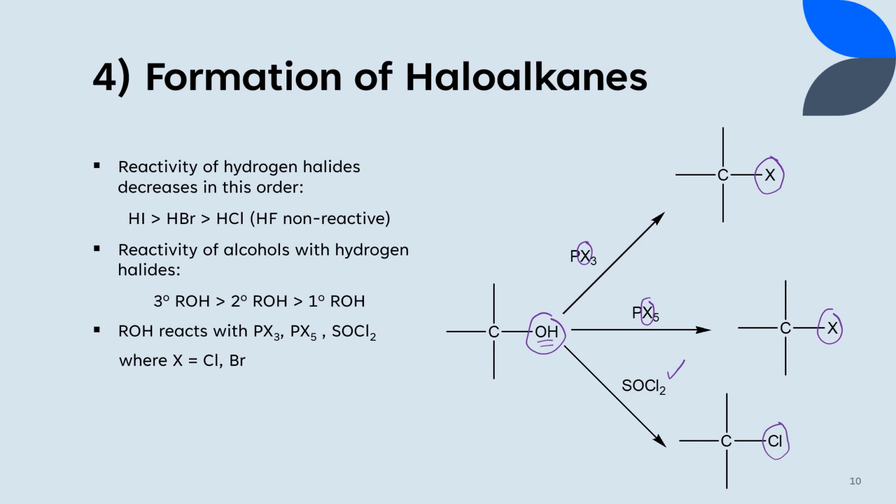So here you akan dapatlah chloroalkane. And not to forget, lagi satu iaitu reaction antara alkohol dan juga HX. Ini pun sama, you akan dapat OH, kita gantikan dengan X sahaja. Straight away. So you akan dapat the same haloalkanes product.